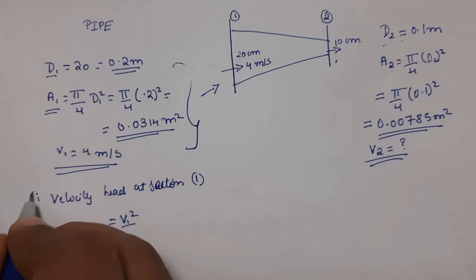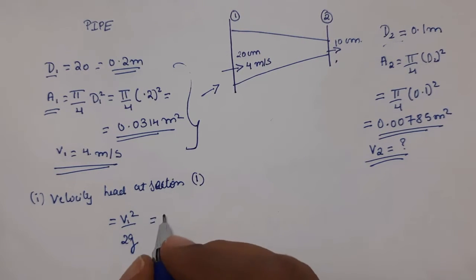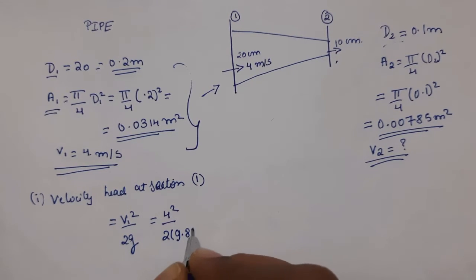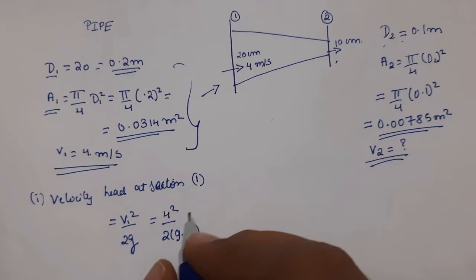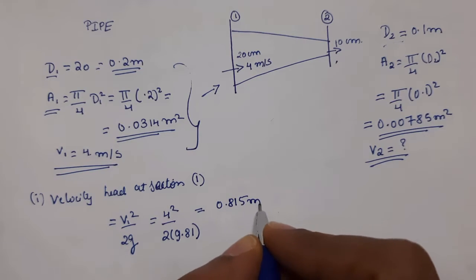So v1 is 4, so 4 square by 2 into 9.81. When we calculate this, we get 0.815 meter.